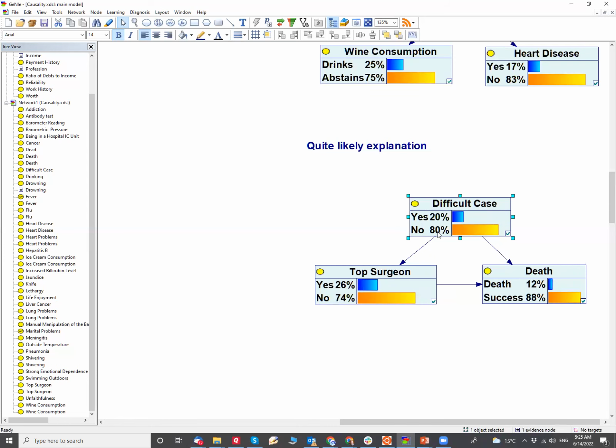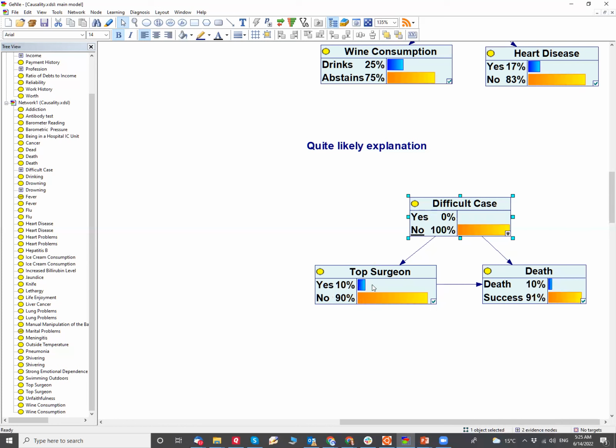That common cause accounts for a positive dependence between being very good and death. This link has negative influence. If we look at difficult cases only, top surgeons have twice as low death rate as average surgeons. But then I want to mention again that the numbers are mine, I invented them. But the existence of this dependence is real.